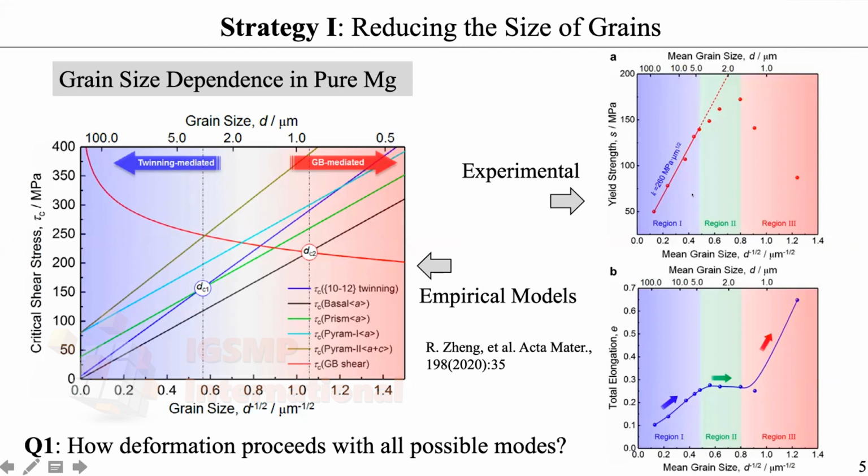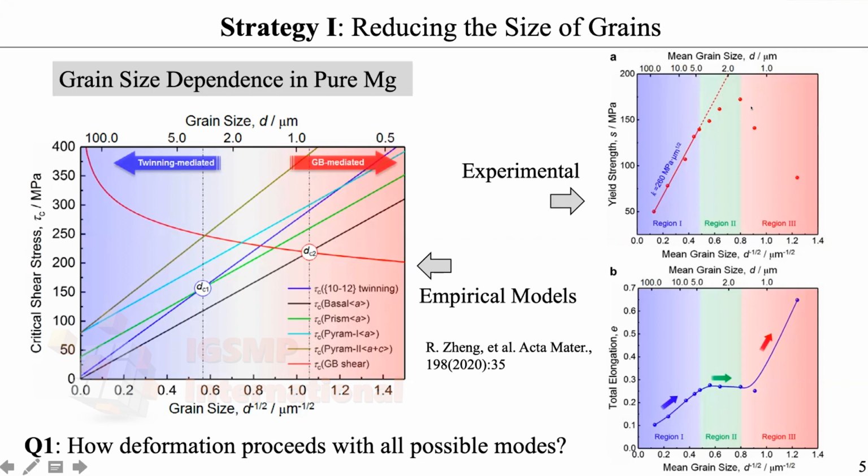So we can see that from the yield strength, one of the applicable values to indicate the strength of materials. You can see in region 3, the fine grain range, it's not reduced too much. It's still acceptable. It's better than the coarse grains region 1 here, and it gets the maximum peak while we have a suitable grain size of about 1 micron for the pure magnesium.